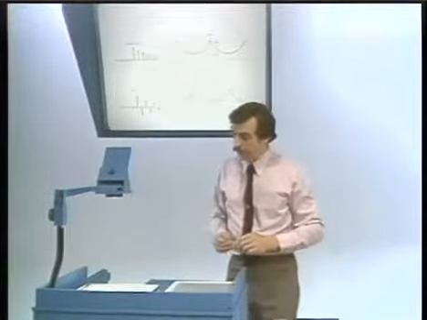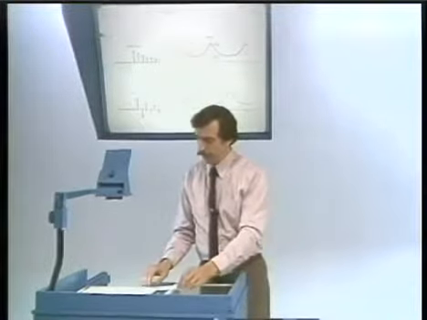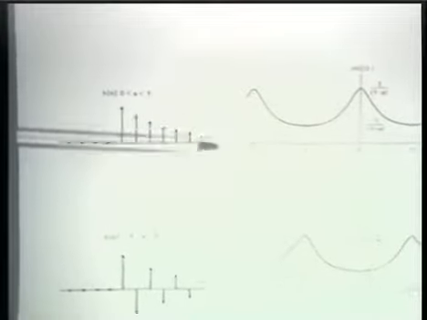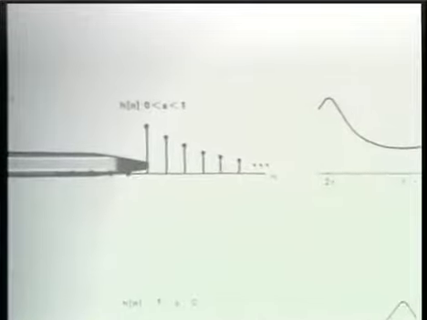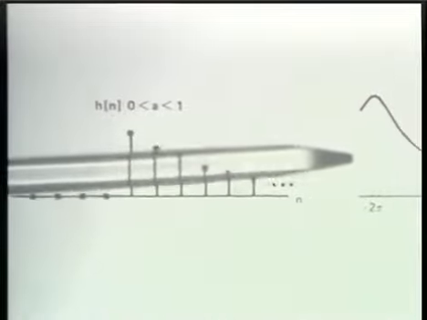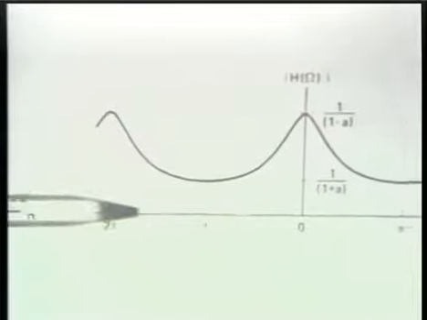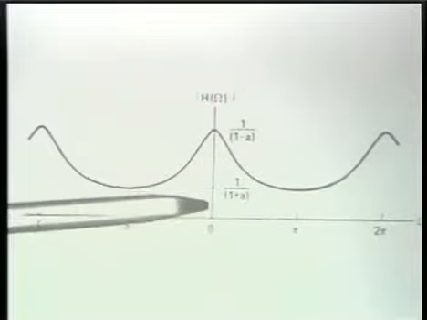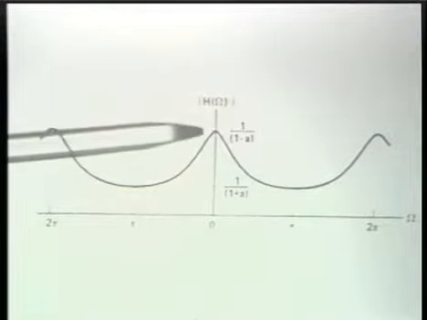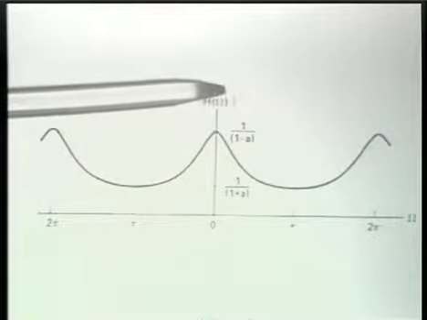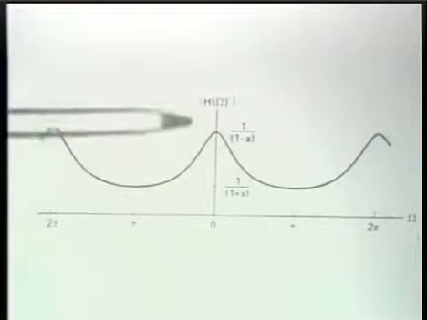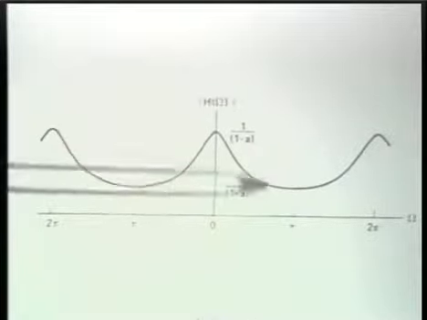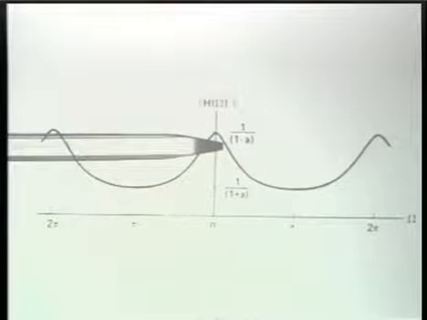Well, let's look at that example then. Here we have the impulse response associated with the system described by that particular difference equation, and to the right of that, the associated frequency response. This is drawn for A positive between 0 and 1, and we notice that it is an approximation to a low-pass filter because it tends to attenuate the high frequencies and retain, and in fact amplify, the low frequencies.